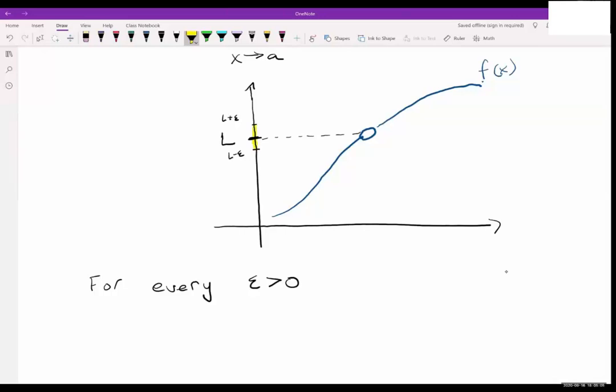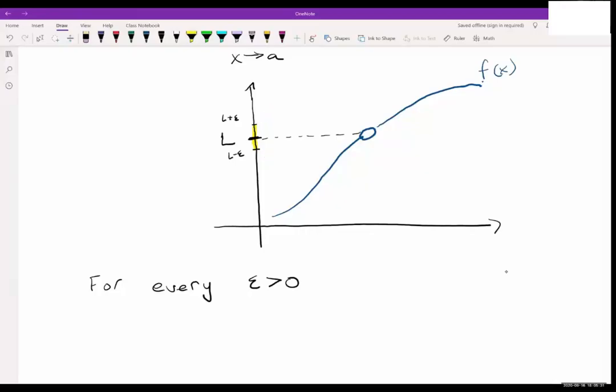The idea is, we're saying for every epsilon, that means one person could say epsilon is 0.1, and another person could say it's 0.001, and another person can say 0.0001. And these little hash marks just keep getting closer and closer to L without ever actually being on top of L. Okay? That's the concept of a limit, right?